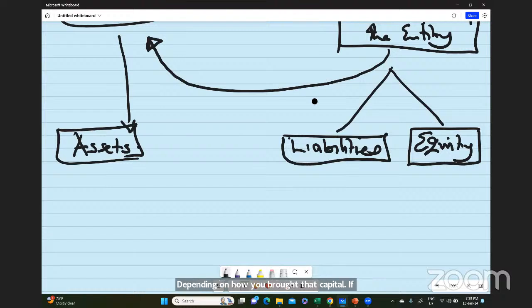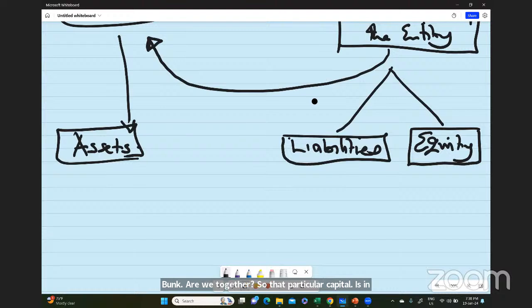If you brought it in cash form, then it means that we are having an asset called cash. Are we together? If it is deposited in a bank, then we have an asset called bank. Are we together? So that particular capital is in form of bank.